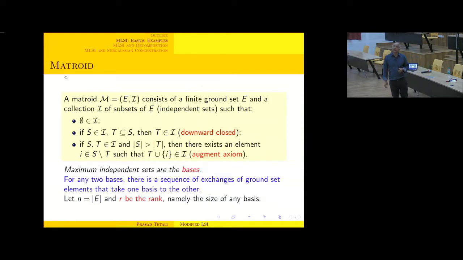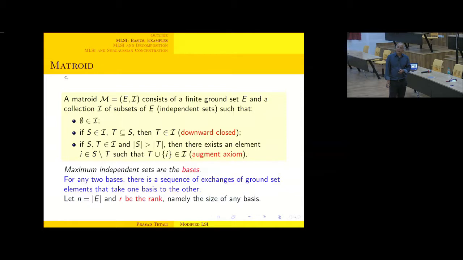Any collection of sets over any set E that satisfies this is a matroid. With these you can prove that all the maximal independent sets have the same cardinality. In finite vector spaces, that's the dimension of the vector space; here we call it the rank. The maximal independent sets are called bases, like in a vector space.